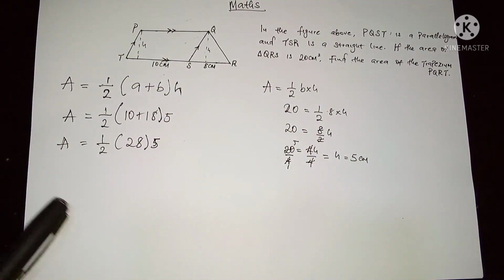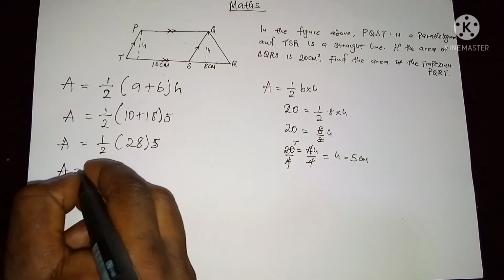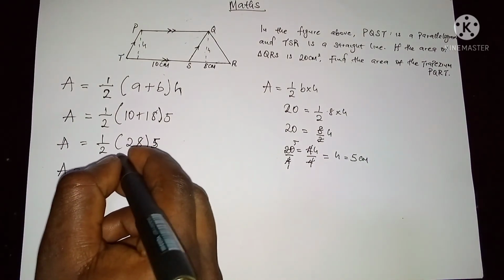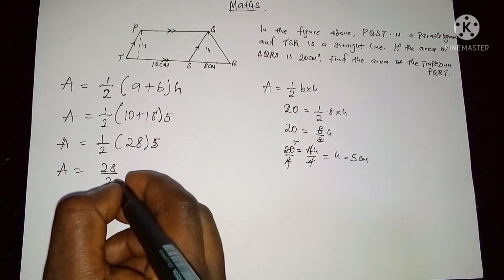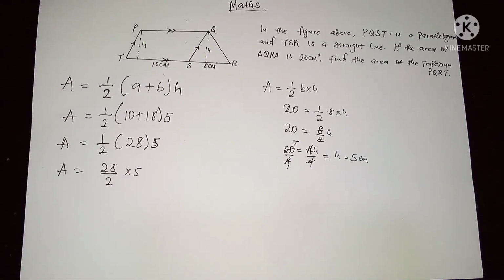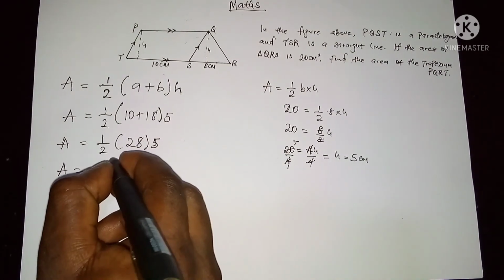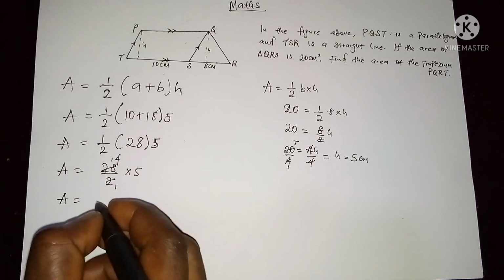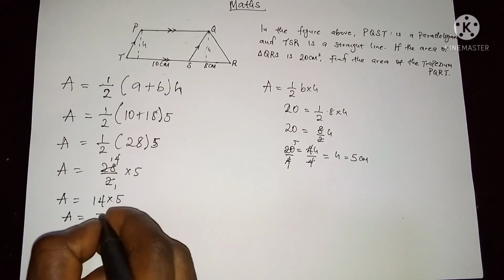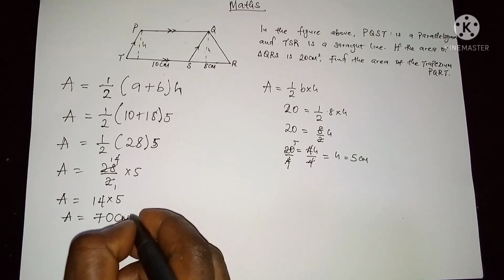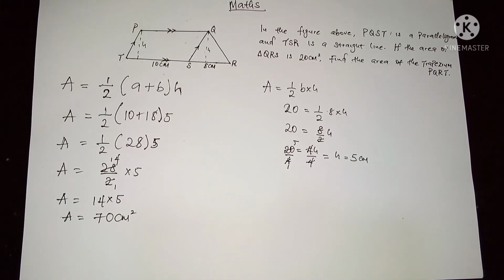Area equals 28 over 2 times 5. 28 over 2 is 14, so area of the trapezium will be 14 times 5, which equals 70 centimeters squared.